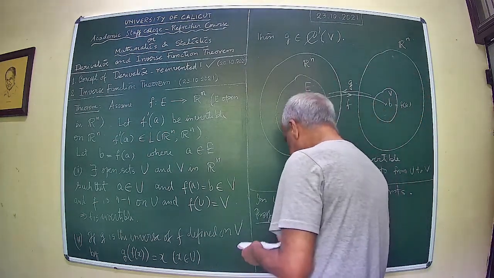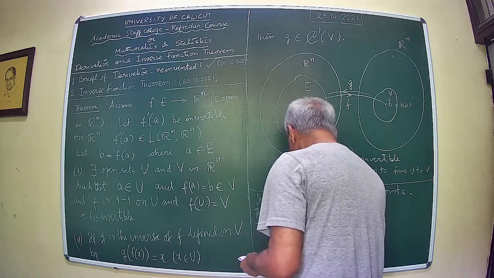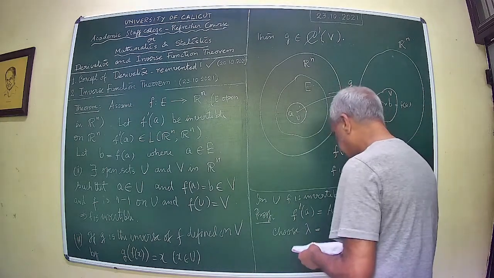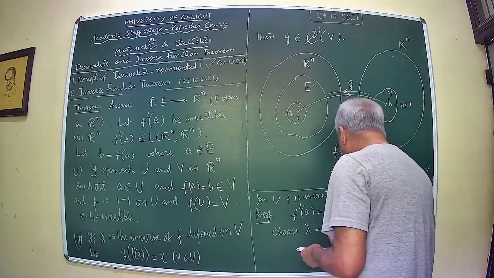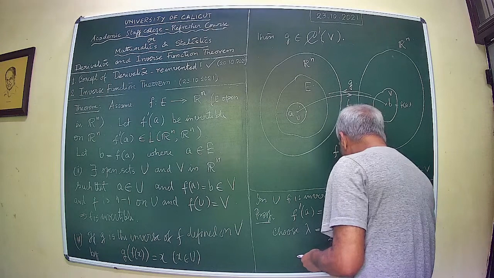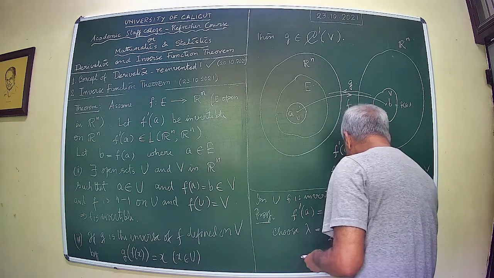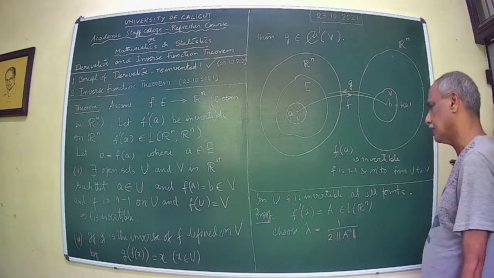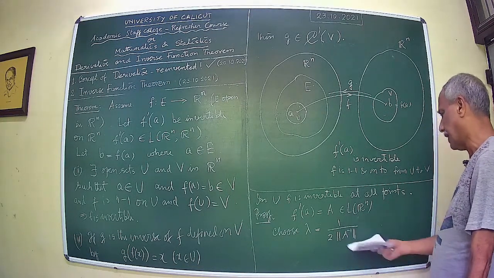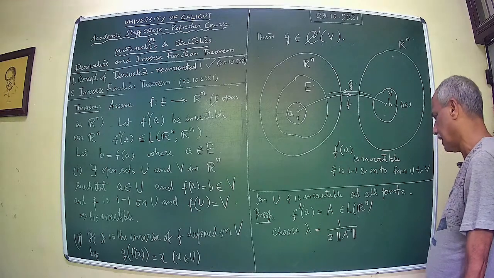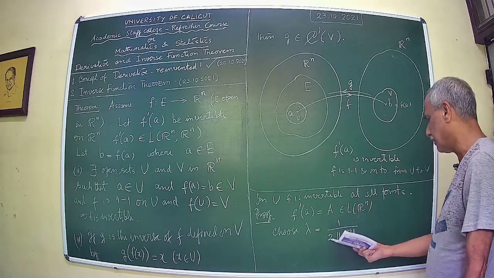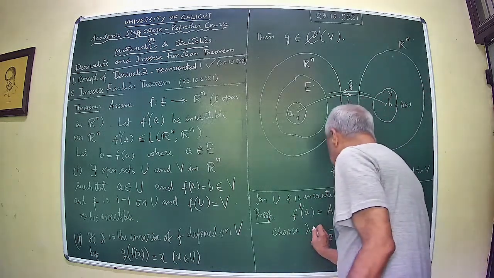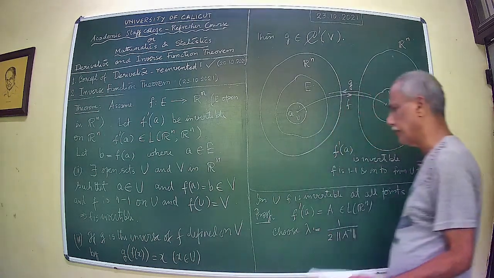So we choose a particular lambda such that lambda is equal to 1 upon twice the norm of A inverse. A inverse exists and is a bounded linear transformation on Rn, and its norm is what is written here. This is a perfectly valid choice that you make for some conditions.